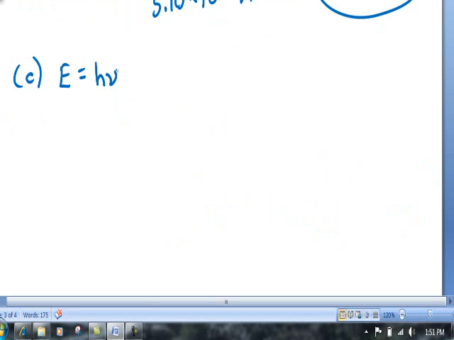Part C of the problem asks us to now find the energy of a single photon of light that has this particular wavelength and frequency that we found in parts A and B of the problem. Since we now know the frequency, we can use this equation, E equals h nu, that relates energy to the frequency of light. We don't need to rearrange this.